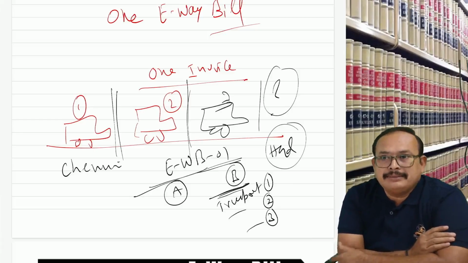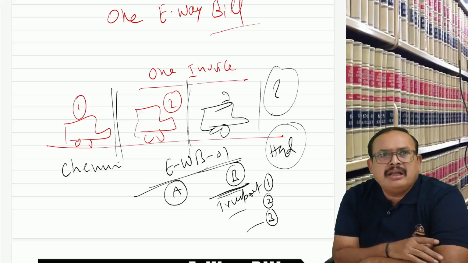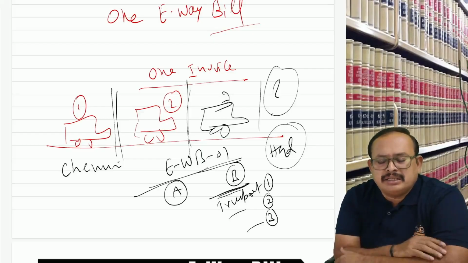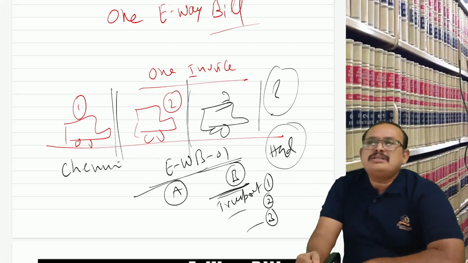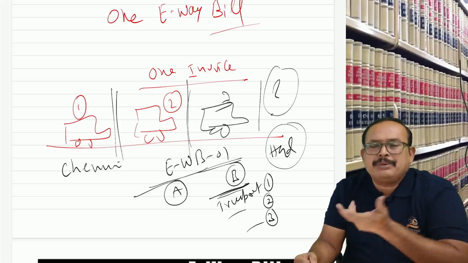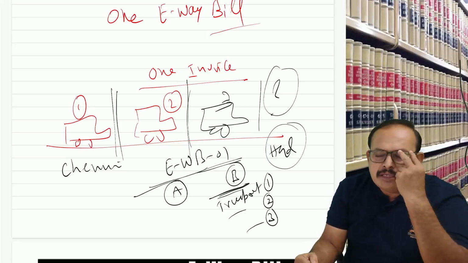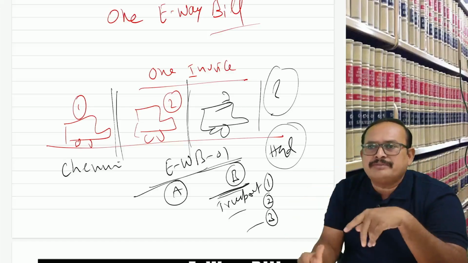Appending can be done, no? Amend means what? Values, the consignor or consignee, or just the numbers being different. That is not possible. Transporter details can be uploaded. Sometimes this happens practically. While transporting the machine, the engine of the vehicle goes out of order.